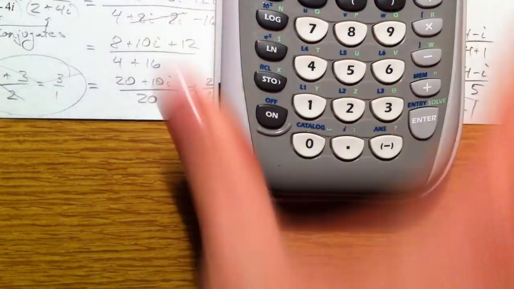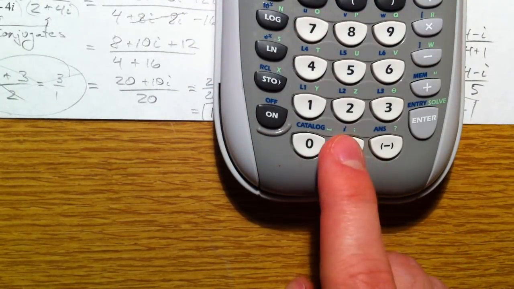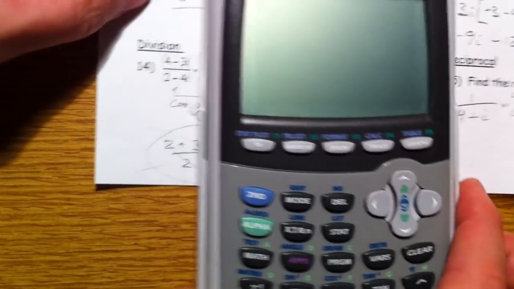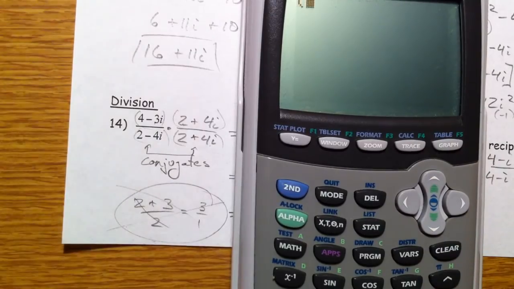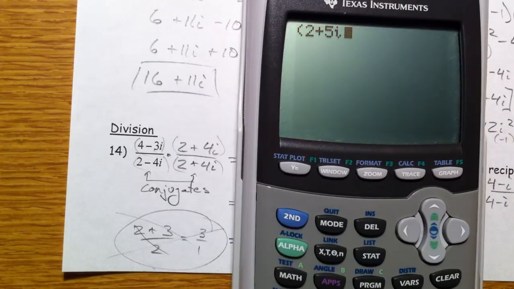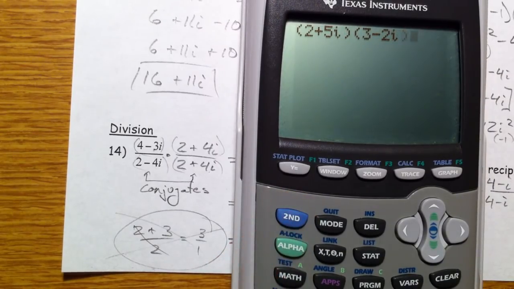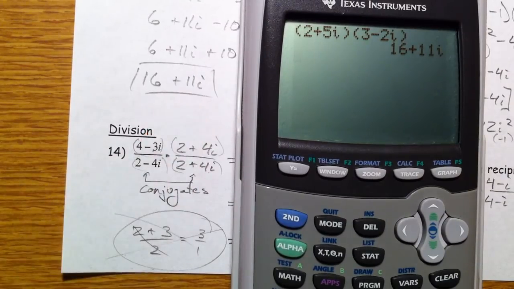The second thing you need to know is that above the decimal sign here there's an i. And I'm just going to double check our 2 plus 5i times 3 minus 2i. 16 plus 11i. And there you have it. Complex numbers.